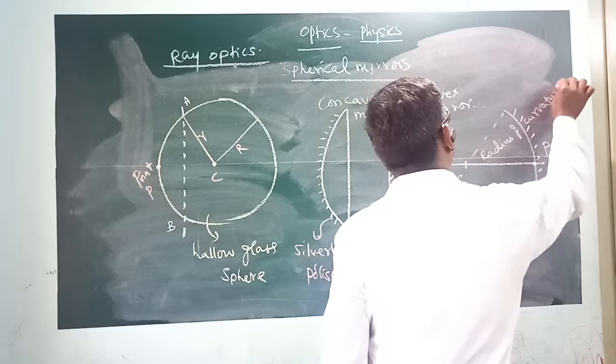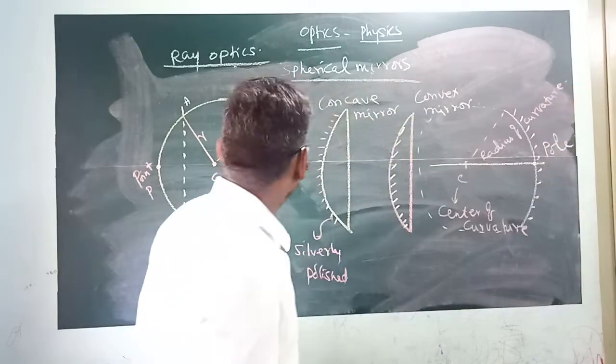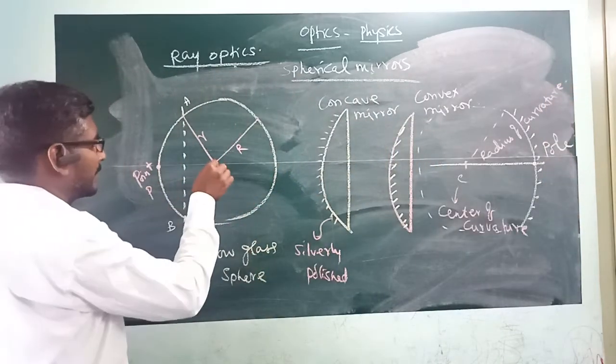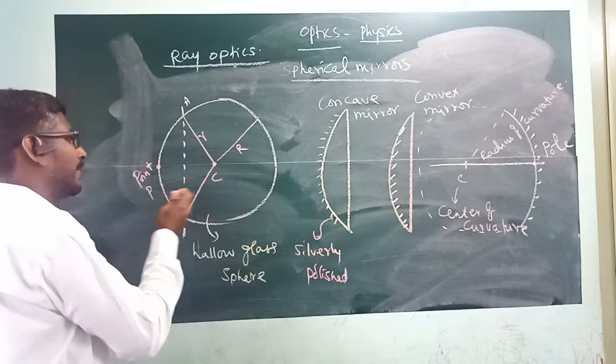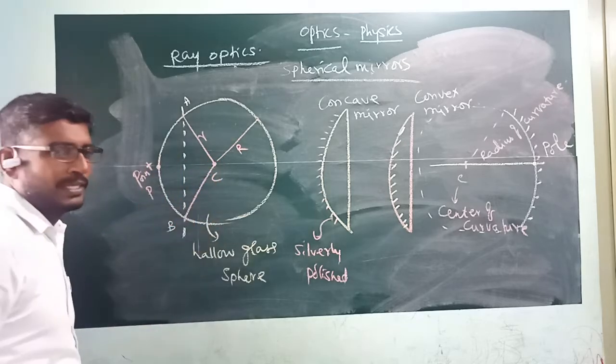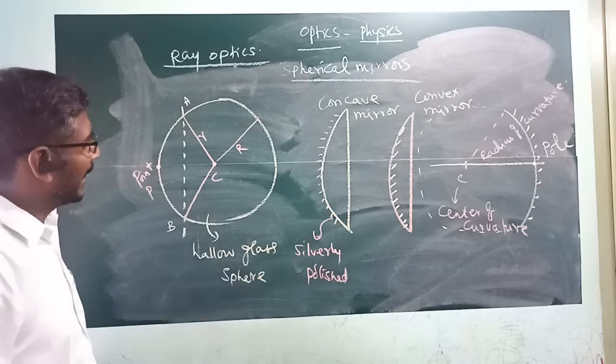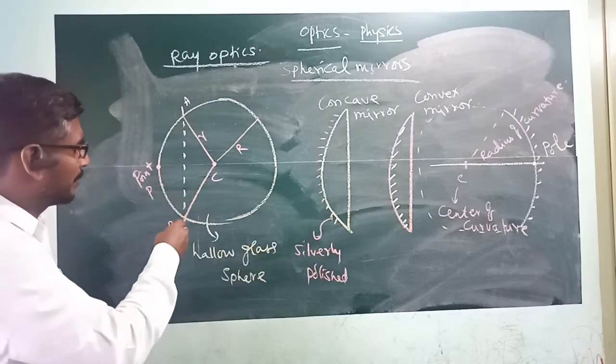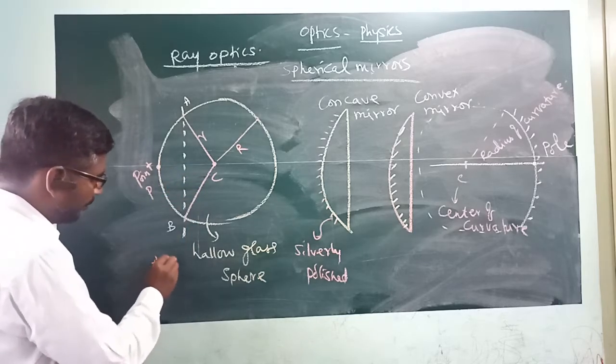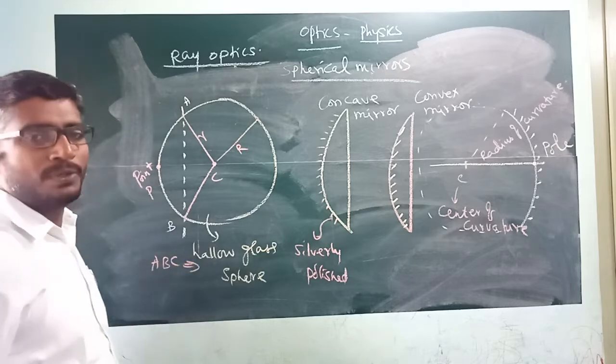The portion ABC is the angle subtended from the hollow glass sphere.